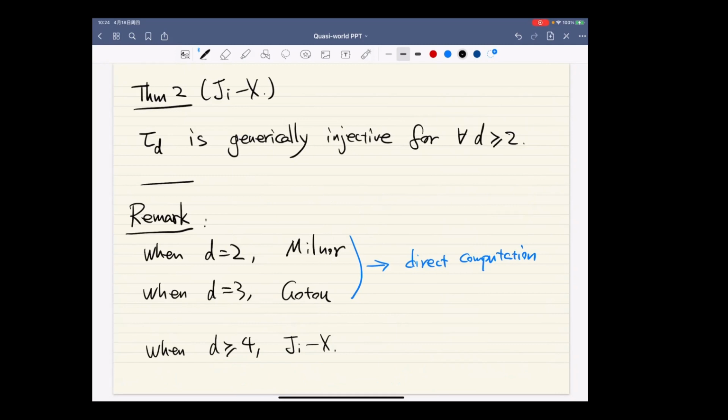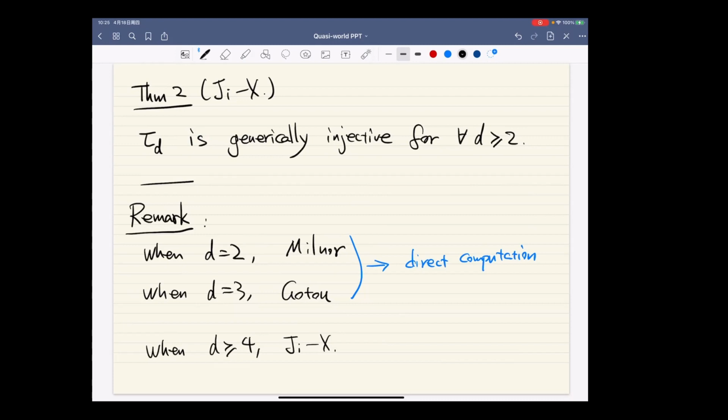In this theorem 2, we prove with a coauthor that tau_d is generically injective for every d at least 2. However, in fact, we only prove the case that d is larger than or equal to 4. But when d equals 2, this is already obtained by Milnor. And when d equals 3, this is proved by Goto.